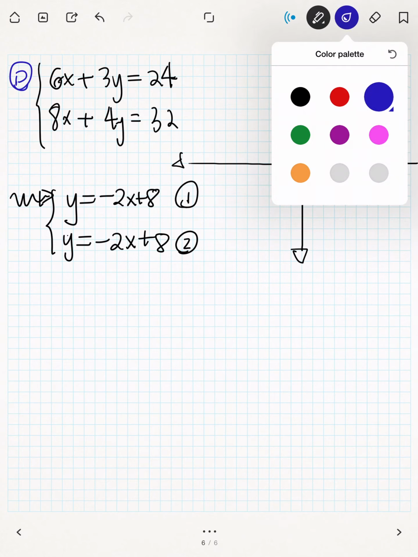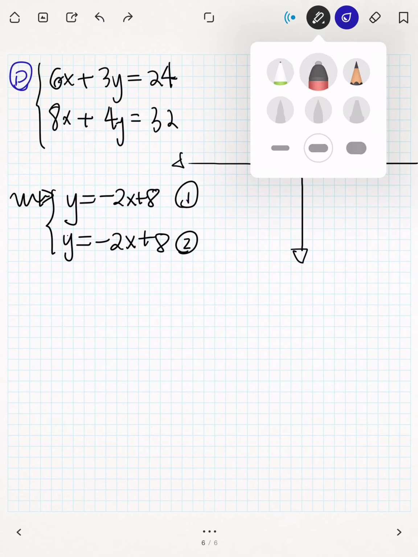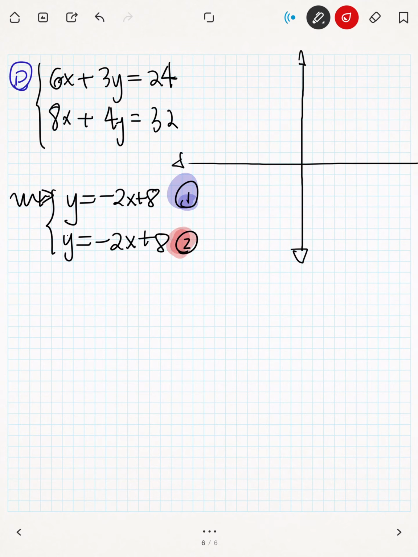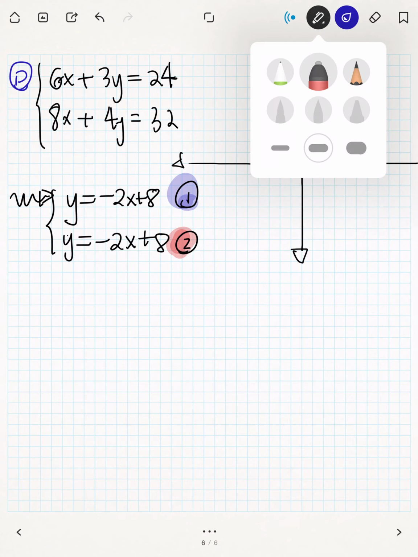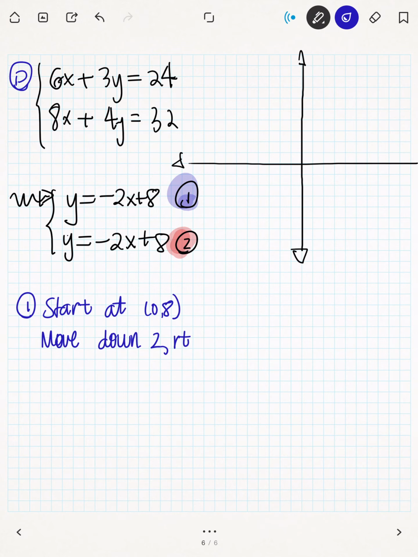Just for fun, I am going to graph both of them, because one has to ask, if it's about where they intersect, where would these lines intersect, right? So the first one, start at 0, 8. We're going to move down 2, right 1.